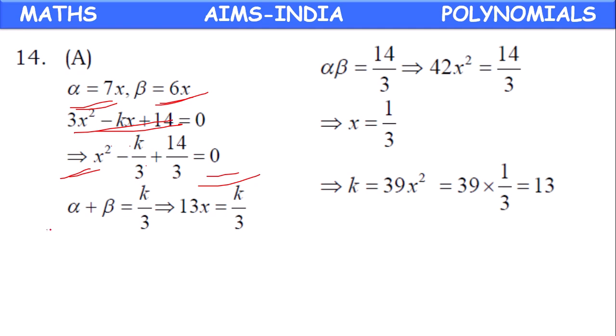So that directly we can write alpha plus beta, minus of x coefficient, k by 3, and the product 14 by 3. So alpha plus beta is k by 3.